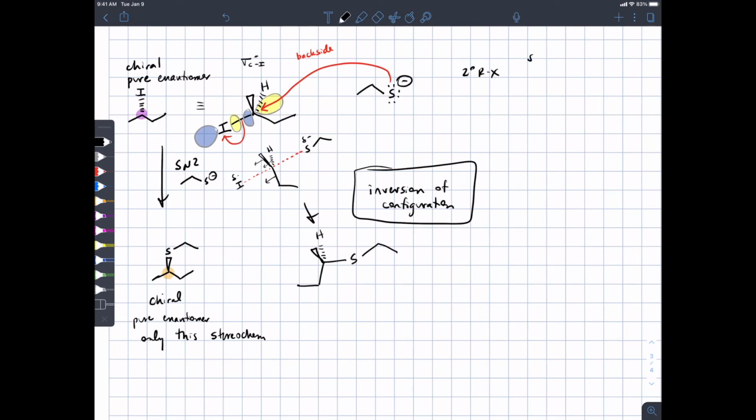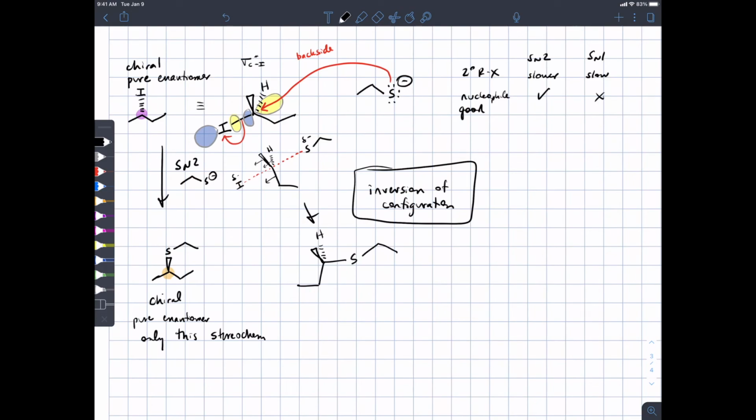We would know that Sn2 is slower for secondary. It's also slow for Sn1. So then we're going to simply consider the nucleophile. And if it's good, we're going to prefer Sn2 versus Sn1.